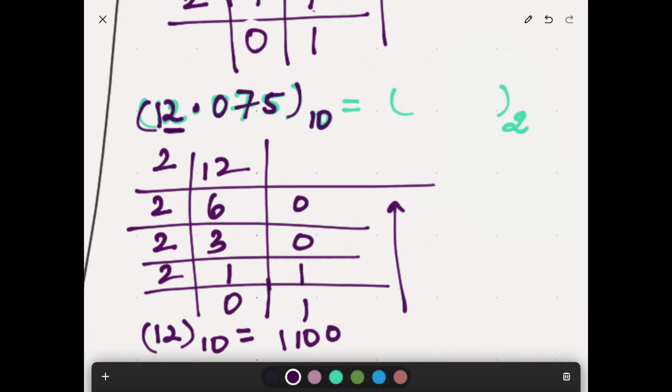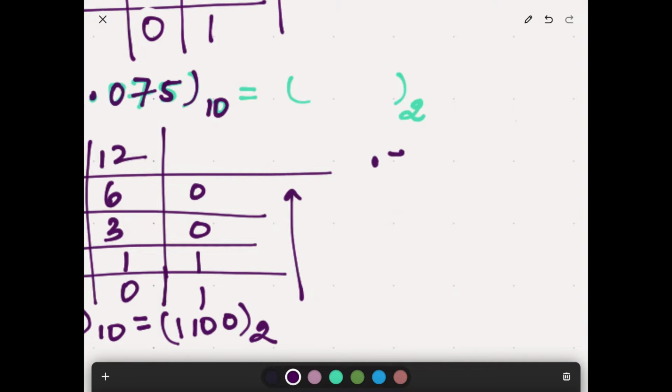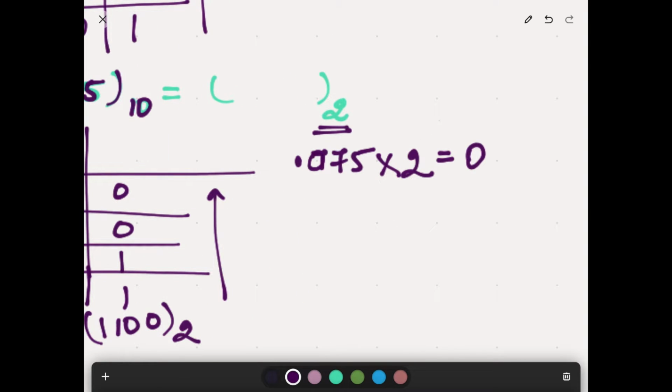Now to find the value of 0.075 in binary, we multiply 0.075 by 2, and the answer we get is 0.15. We take the 0 here, and with the 0.15 we take it down and again multiply it by 2, which gives us 0.3.